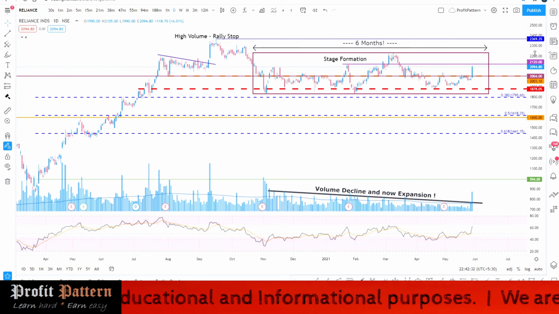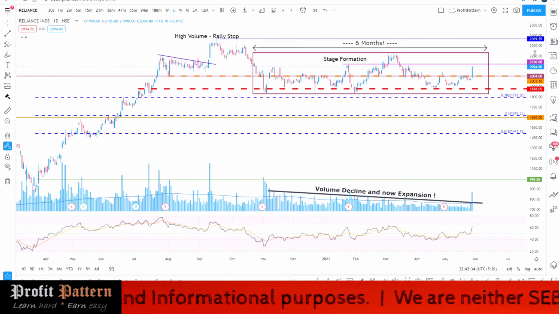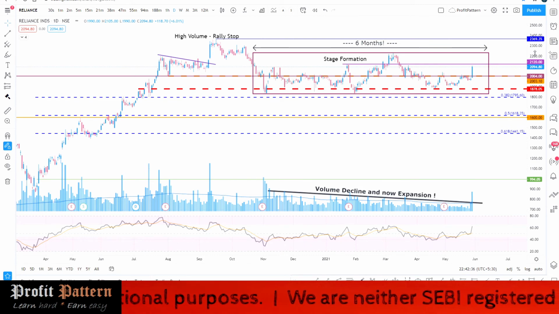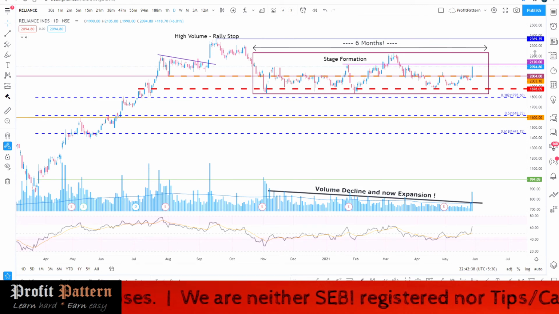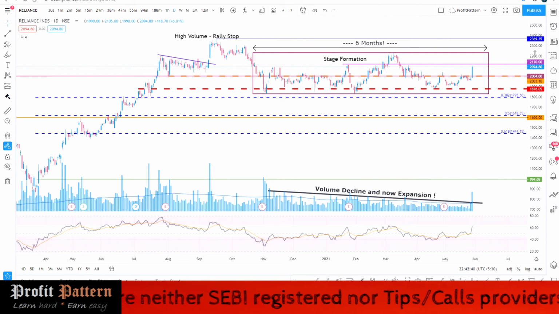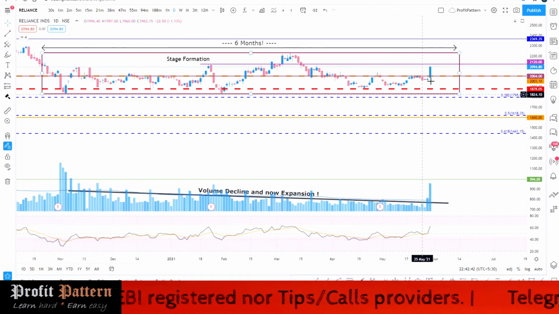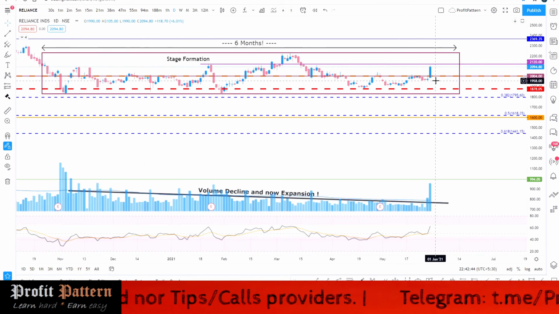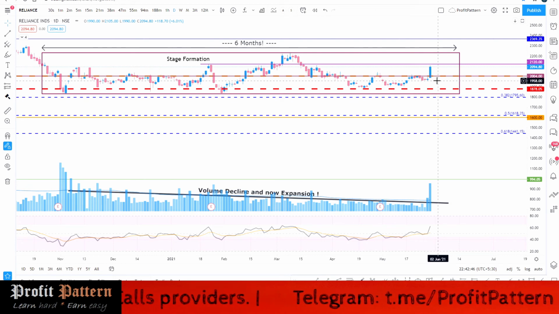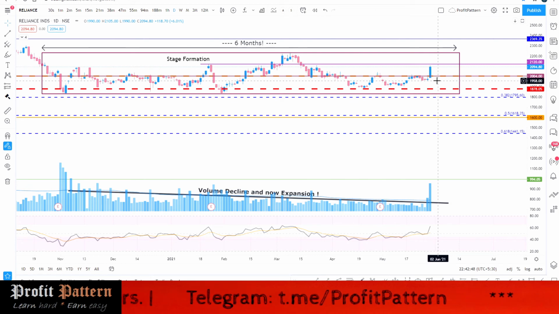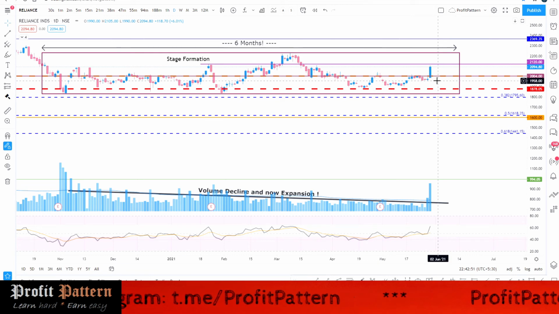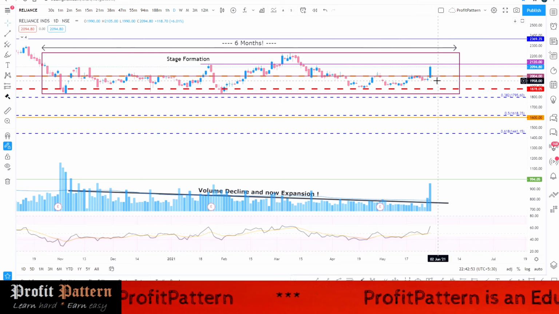If my trade is not for the longer time frame and I am doing some swing trading, then I can put it at the latest swing low, which is around, let's see, the 1955 area. So 1955 would be another stop loss in this stock.